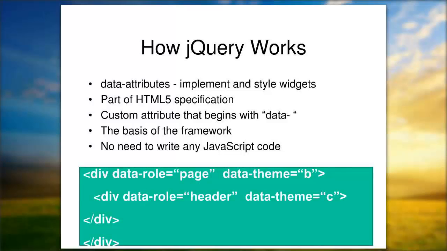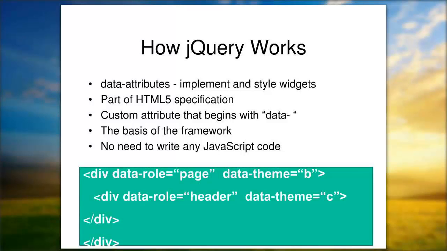So initially, HTML attributes were relatively set in the HTML language. Now in HTML5, we have the ability to create our own custom attributes. And what jQuery is doing is it uses the specific data attributes that they lay down, and it includes that in their framework and in their code.